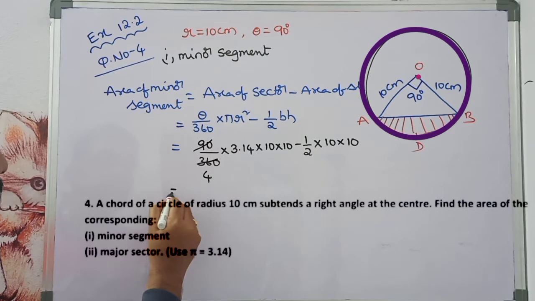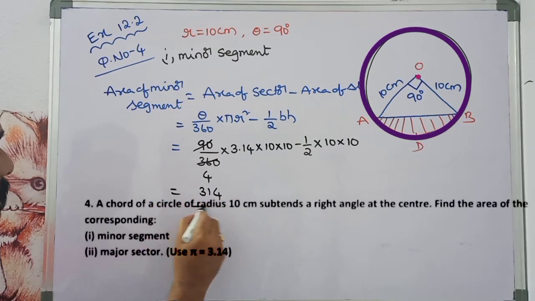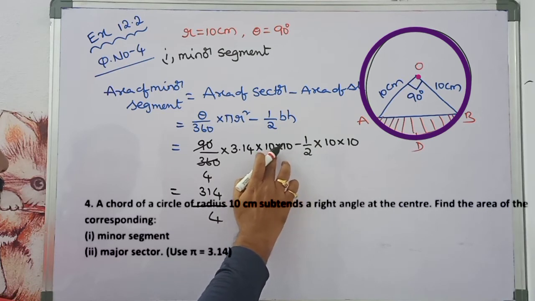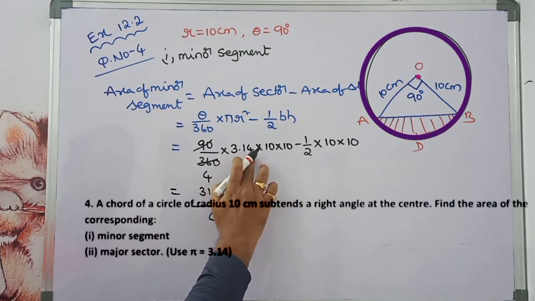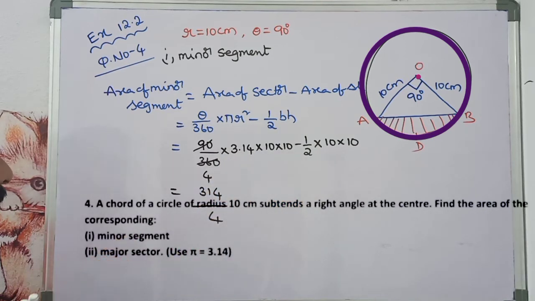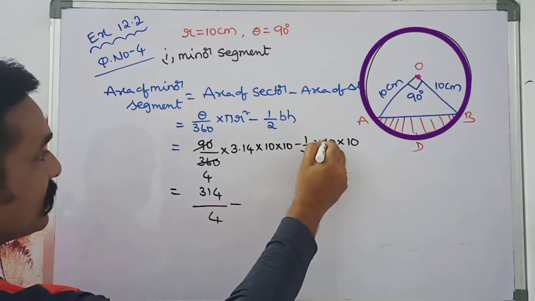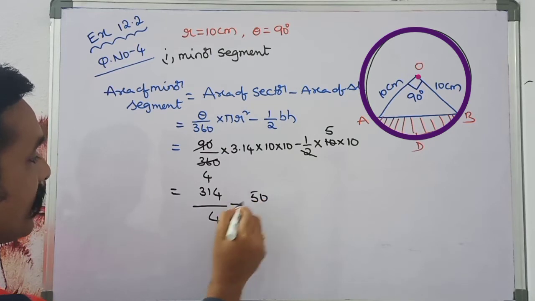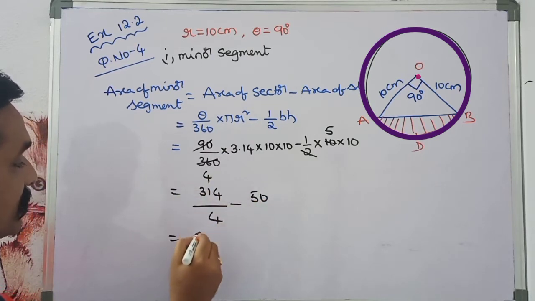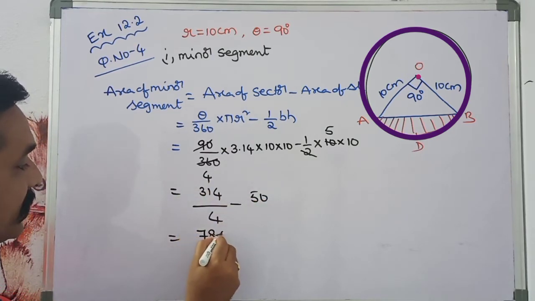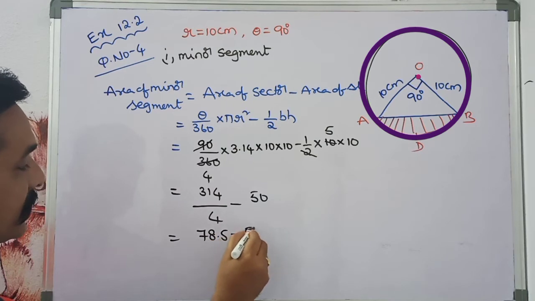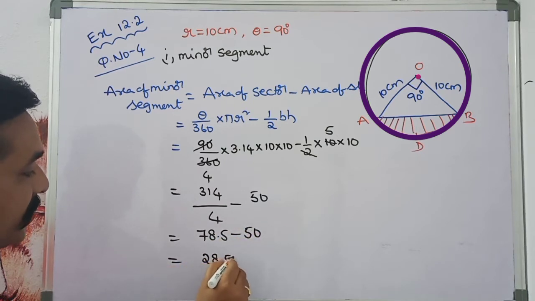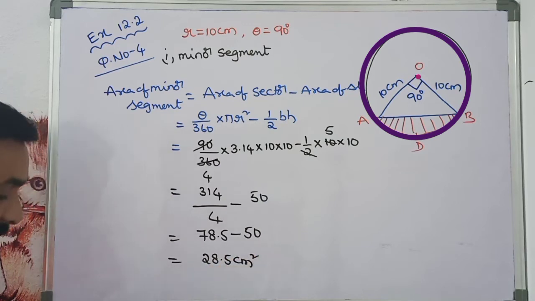So 314 by 4, here 0.14, and 10 into 10, 100 into 3.14 equals 314, minus 2 will go here 5 times. So 50. If you simplify this part, we get 78.5 minus 50. So we get 28.5 centimeter square.